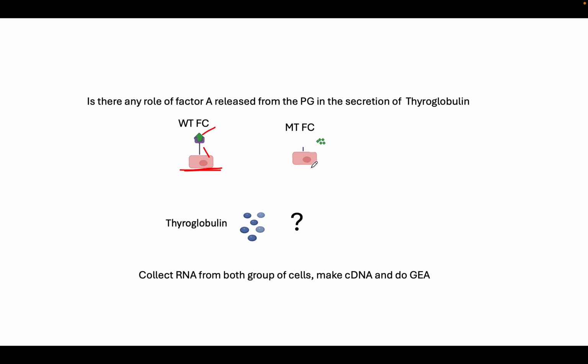And now I will mutate this receptor on the surface of the follicle cells. Now this group of cells where I have mutated the receptor on their surface is unable to attach with the factor A, which is coming from the thyrotroph cells of the pituitary gland.